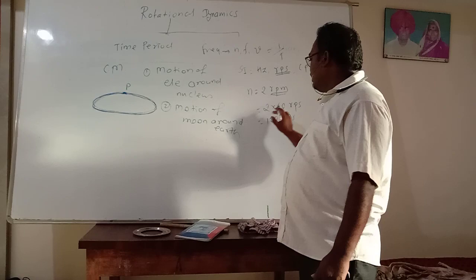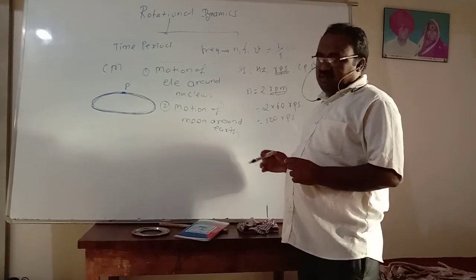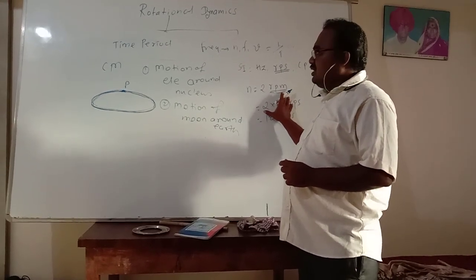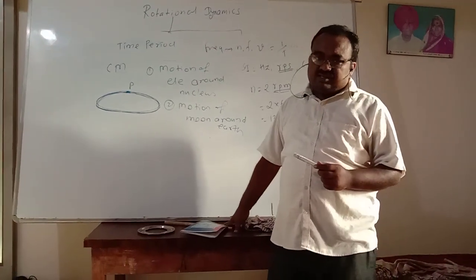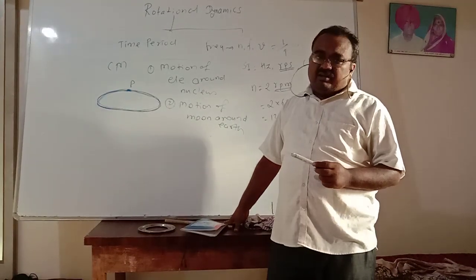You have to remember this conversion factor: converting from RPM to RPS, multiply by 60. RPS is the SI unit, RPM is not an SI unit. Getting the point? Up till now we have studied basic definitions of circular motion, then time period and frequency.